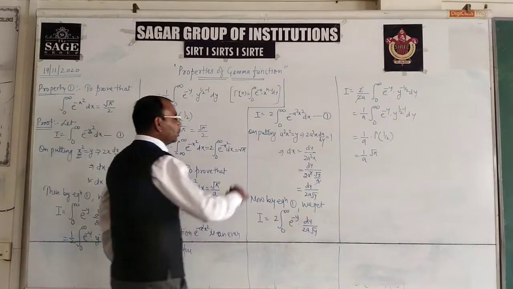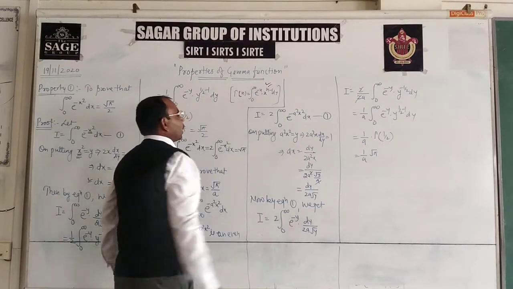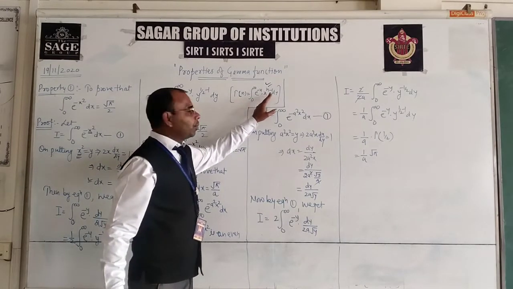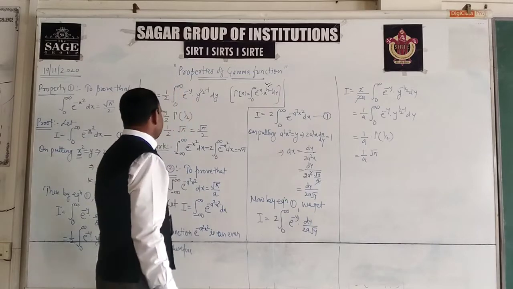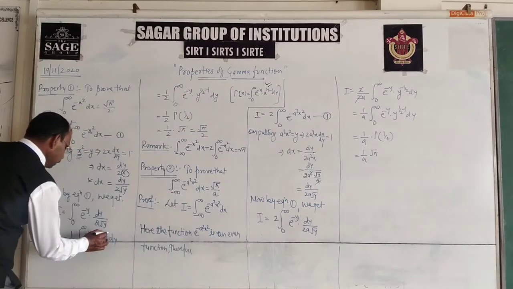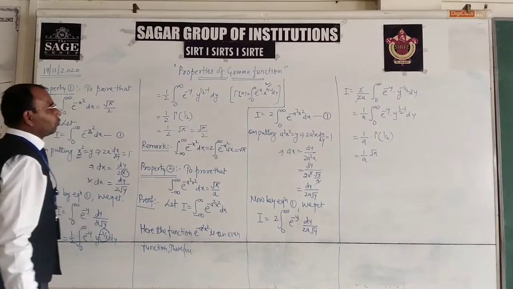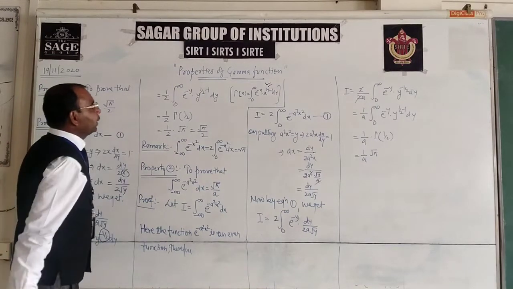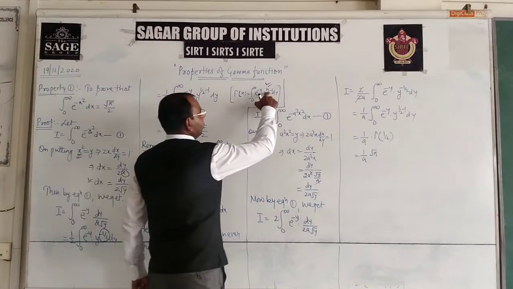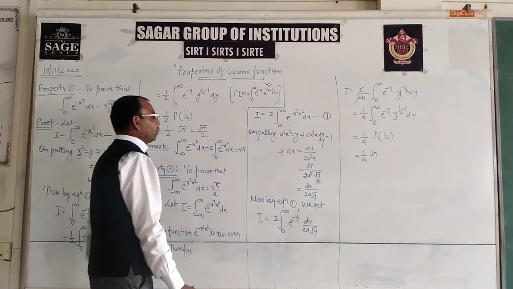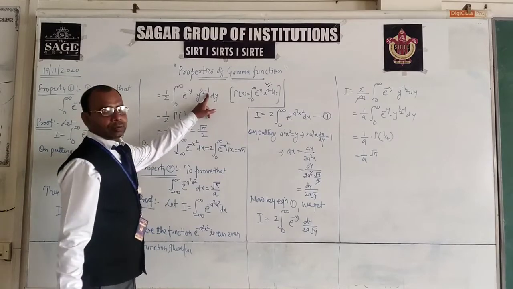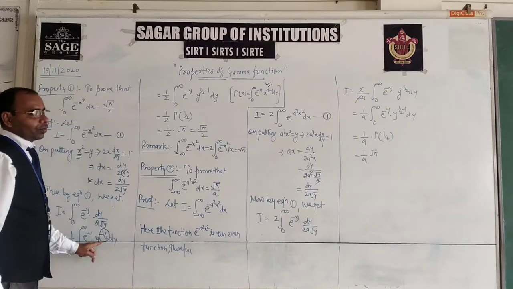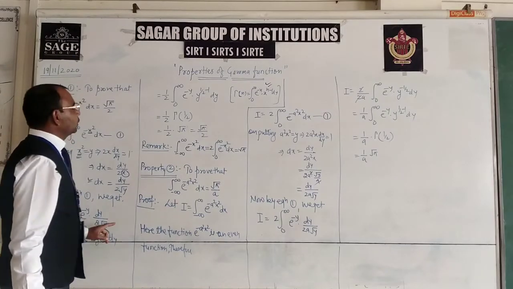And we have the gamma function: gamma n is equal to the integral from 0 to infinity of e to the power minus x times x to the power n minus 1 dx. So this term is changed in the form of gamma function. We write minus 1 by 2 in the n minus 1 format, that is 1 by 2 minus 1, which is minus 1 by 2.